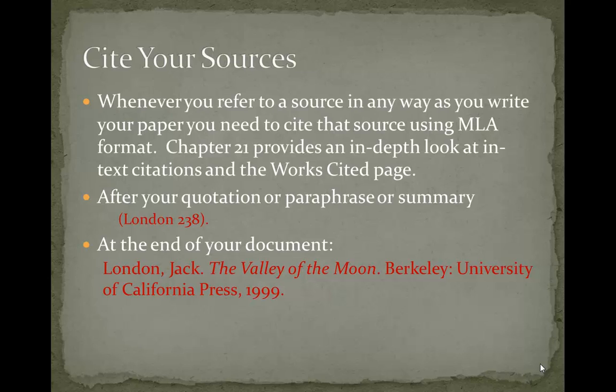The title of the book in italics or underlined. Novels, any book over 80 pages, is underlined or italicized. The Valley of the Moon, period. The place of publication, Berkeley, then colon, and then the publisher, University of California Press, comma, the date of publication, 1999.